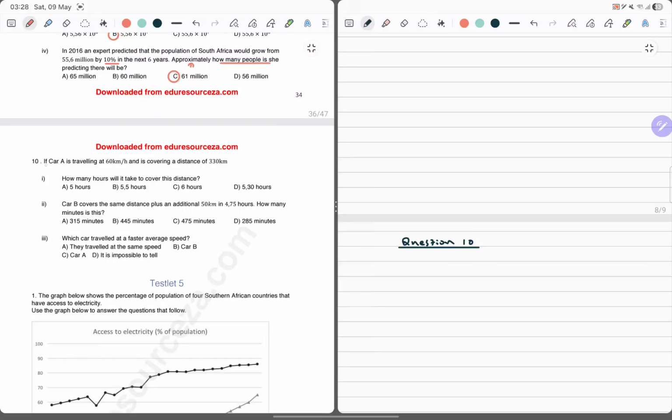Let's finish up now. Okay, 10. If car A is traveling at 60 kilometers an hour, covering a distance of 330 kilometers. Nice. How many hours will it take to cover this distance? Again, folks, you know your triangle. Speed.